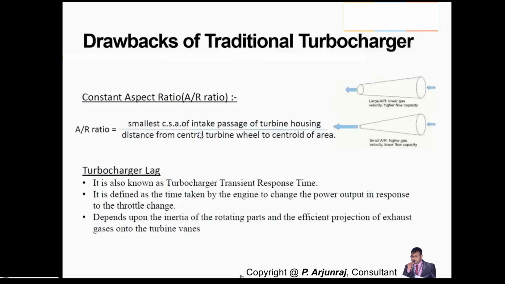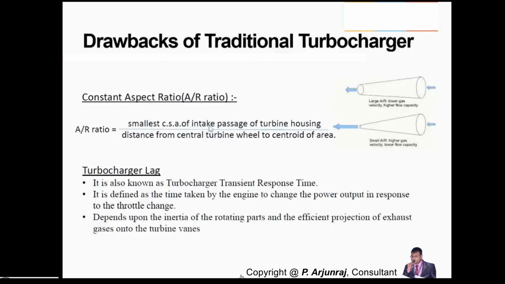So here, in case of the turbine, assume you have the system like this, and you have the system like this. When the system is like this, you have a larger aspect ratio, and when the system is like this, you have a smaller aspect ratio. You see here, because you have lesser space.